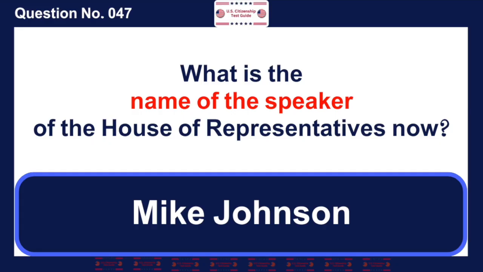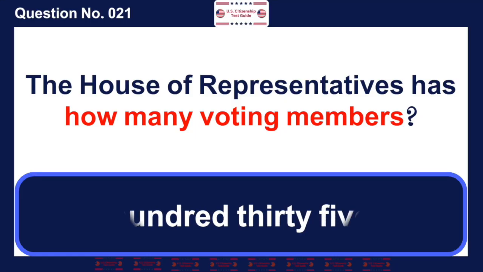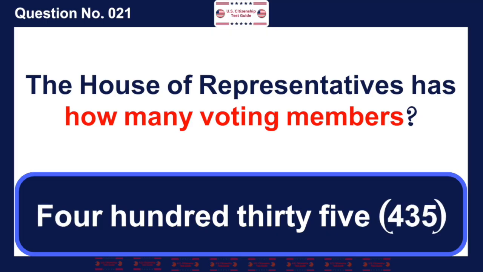Mike Johnson. The House of Representatives has how many voting members? 435.